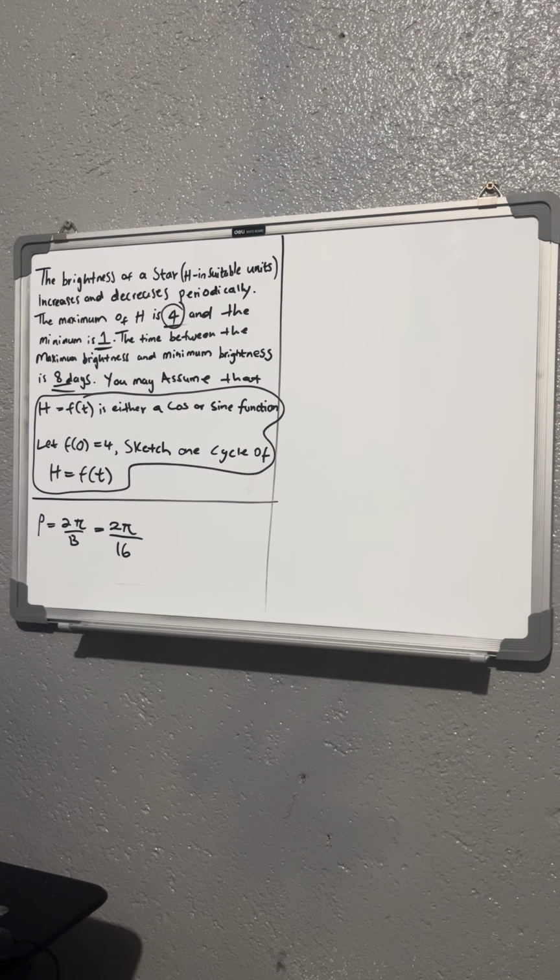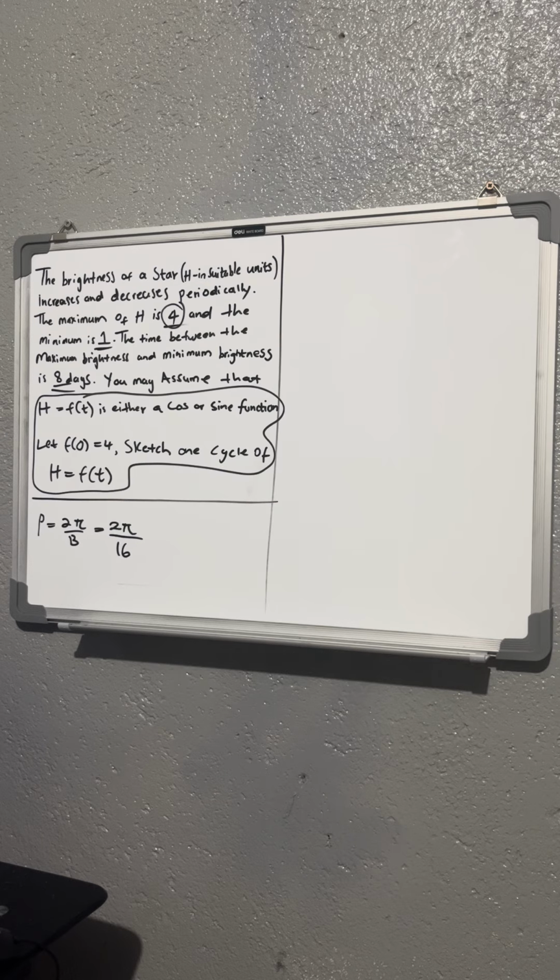How do we get that 16? It's this 8 multiplied by 2. So within this information, the distance between the minimum and maximum is 8 days. But we said we want a full cycle, and this is half a cycle. If we want a full cycle, we're going to be using the 16 as given. So okay, what would be that?